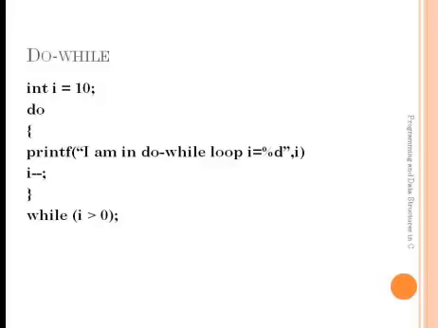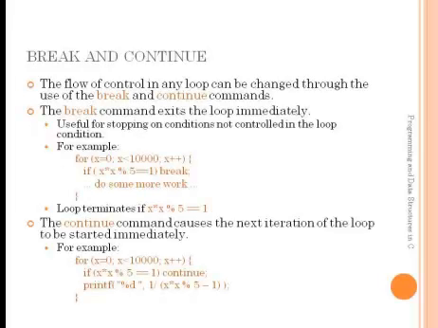The next topic is break and continue. In some situations we may want to skip the code or we may want to terminate the loop. At that time we use break and continue statements. The break statement causes termination of the loop, and the continue statement will skip the code following the continue statement and start with the next iteration.